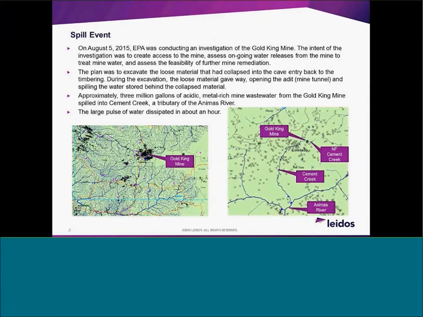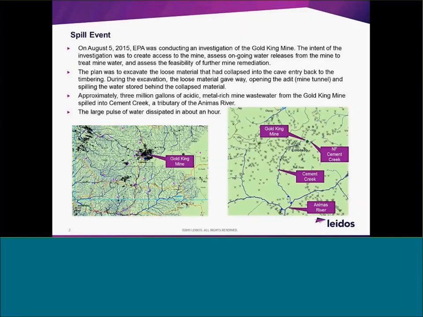This spill event occurred in early August of 2015. It was a result of an EPA investigation into the mine to relieve the mine of the water that had been accumulating there for some period of time.